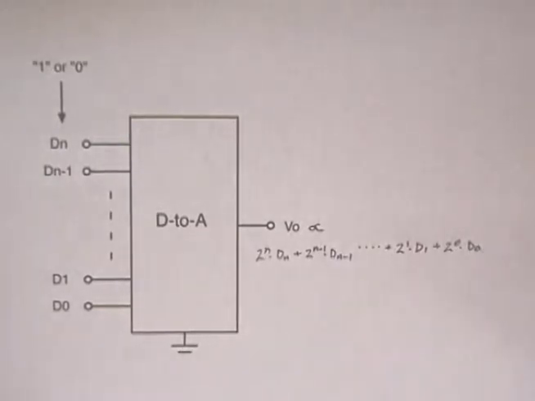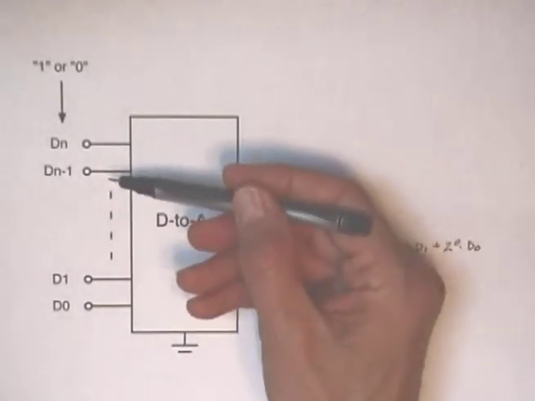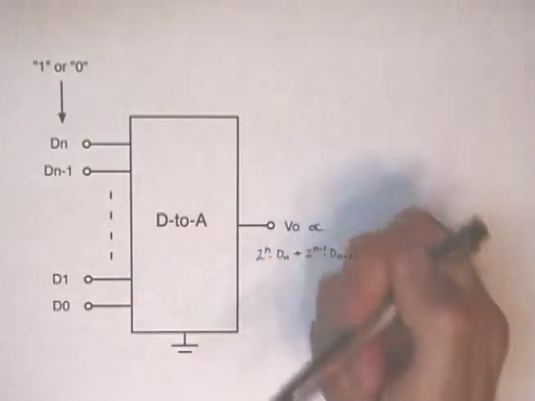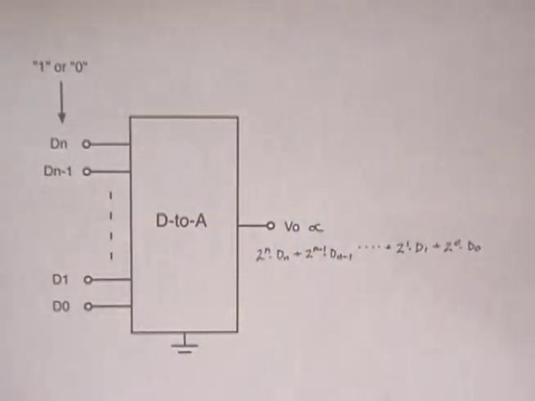So you see it's a weighted sum. Each input has twice the weight of the next one down. There's an issue of scaling that has to do with the actual value of logic 1 and the range of analog values that we want to generate, but we'll deal with that later. Let's concentrate on the weighted sum first.